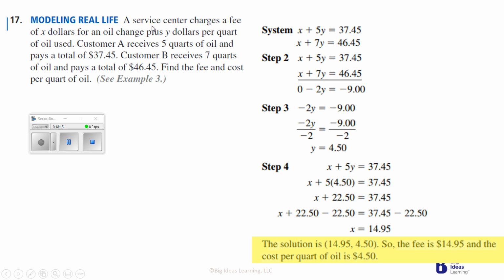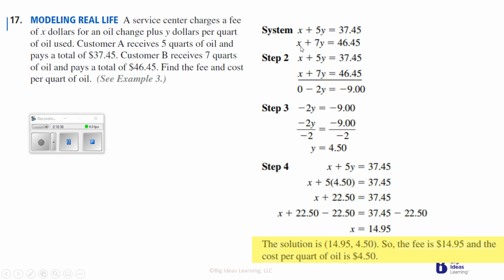The service center charges a fee of X dollars, so that's the X there. We don't know what the fee is, but they are charging the oil, which is 5 oils that he used, right? And then the second one is 7 quarts, so that's 7Y, and the same fee, but this one time it's going to cost $46.45.